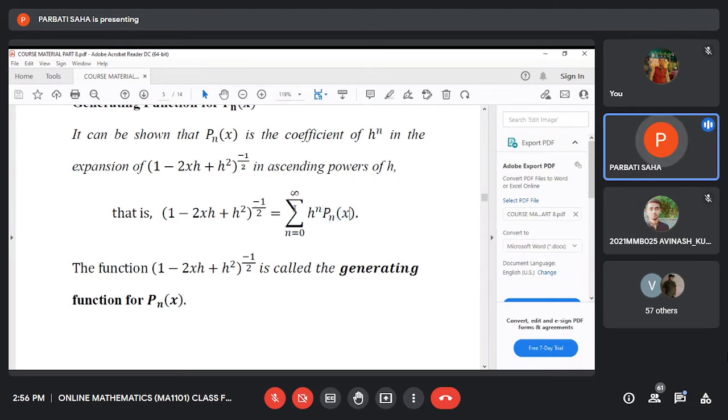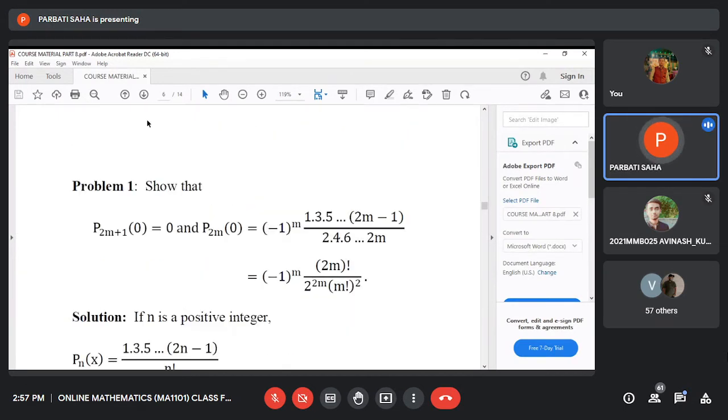That means the right side is a series in ascending powers of h, and Pn(x) is the coefficient of h to the power n in this expansion. Then this is called the generating function for Pn(x).